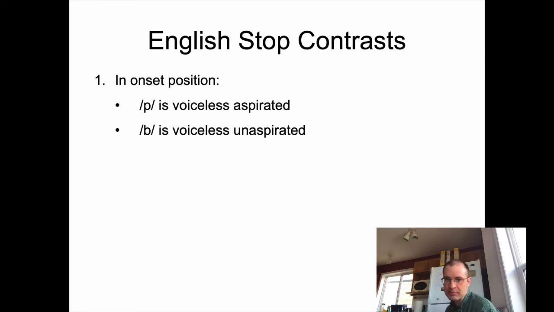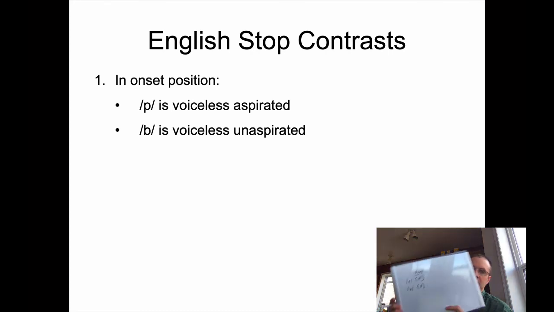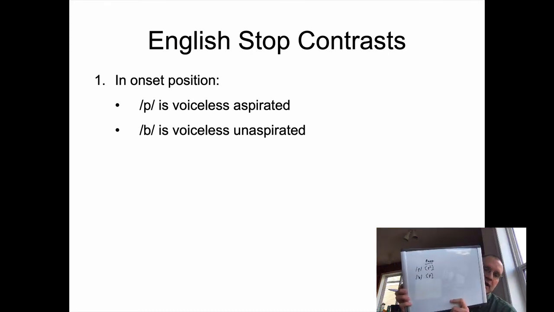So in onset position, the phoneme P is going to be voiceless aspirated, and the phoneme B is going to be voiceless unaspirated. So it's this sort of contrast, P versus B.